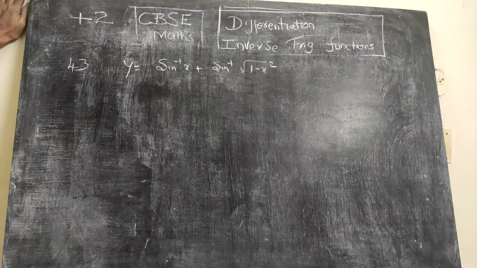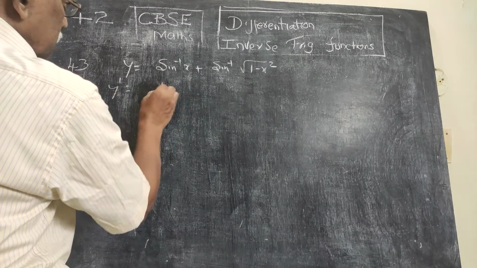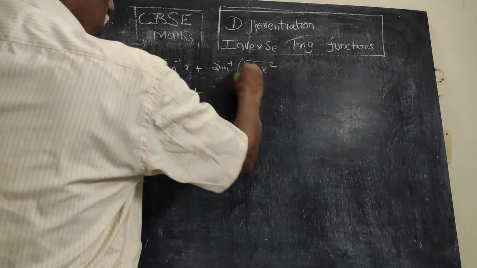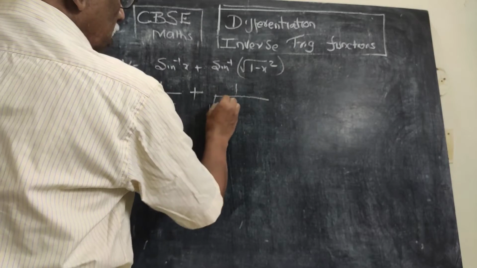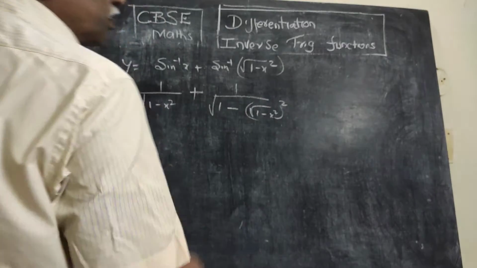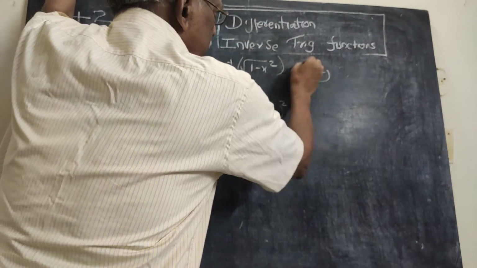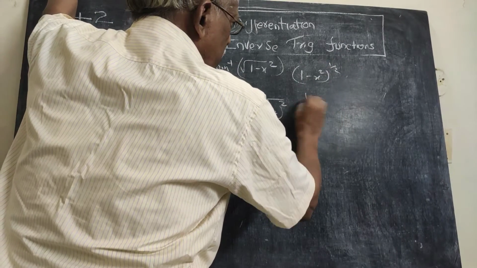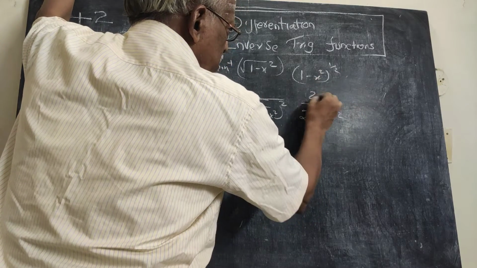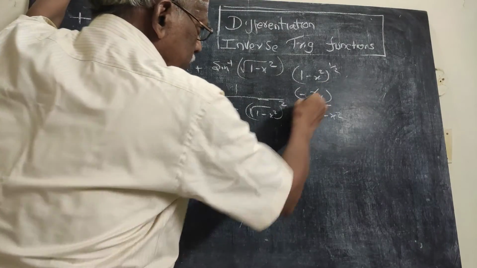Question number 43, y equal to sin inverse x plus sin inverse of something. So y dash of sin inverse x, so 1 by root of 1 minus x square, sin inverse of this, so 1 by root of 1 minus the whole power square, and then chain rule we have to apply, the root of 1 minus x square, so 1 minus x square power half, therefore this will become 1 by 2 times of root of 1 minus x square, and then x square on differentiation 2x minus, so minus, these 2 get cancelled.